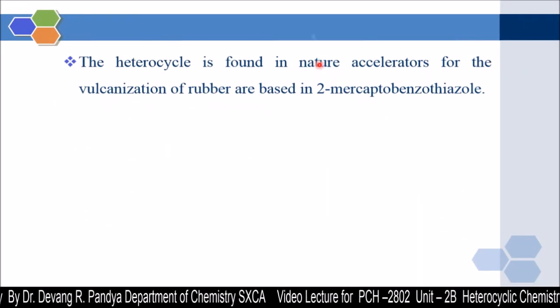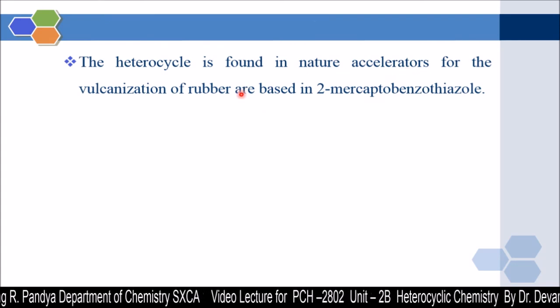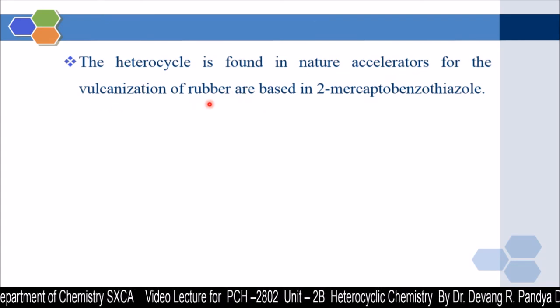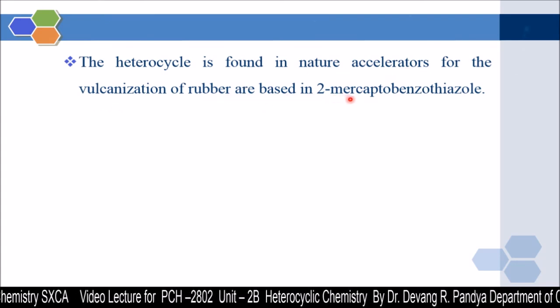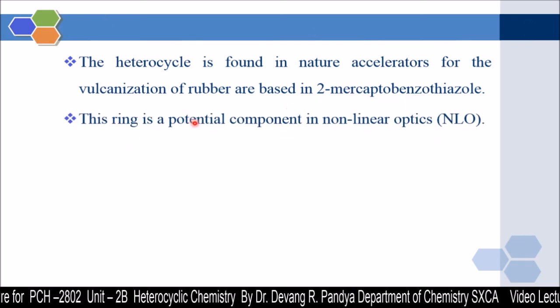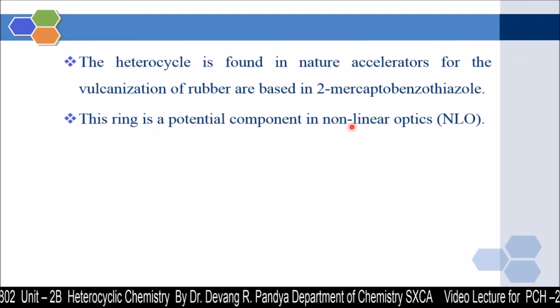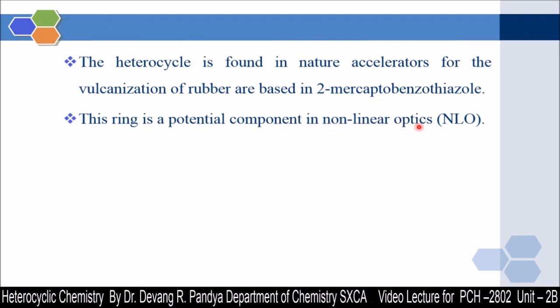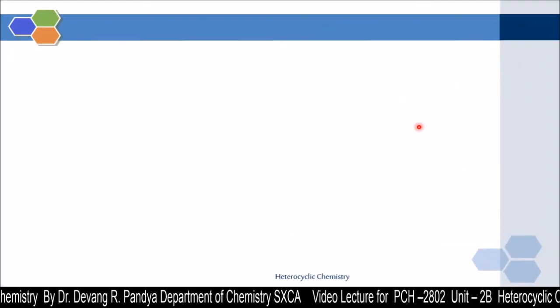The heterocycle is found in nature; accelerators for the vulcanization of rubber are based on 2-mercaptobenzothiazole. This ring is a potential component in non-linear optics, that is NLO.